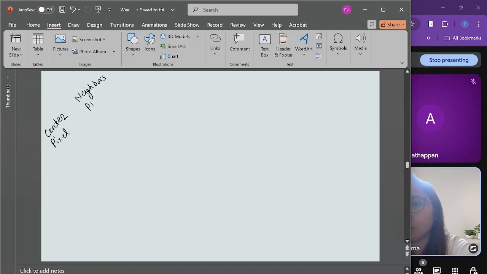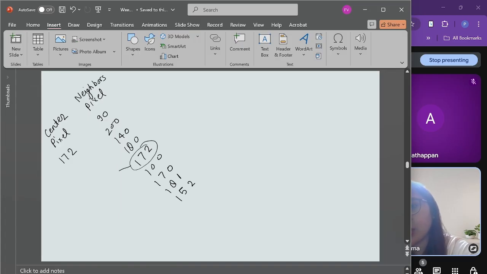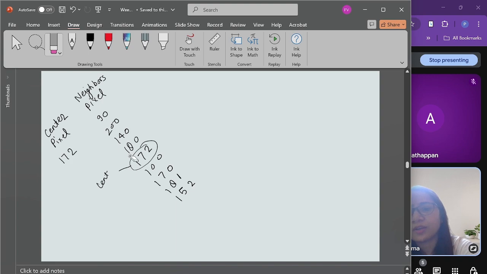The center pixel is 172, and for the neighbor pixels put 90, 200, 140, then again 180, 172, 100, 170, 181, and 152. Here it is the same center pixel, so it is not required because we are comparing with respect to the center pixel itself. So we can remove it from here.